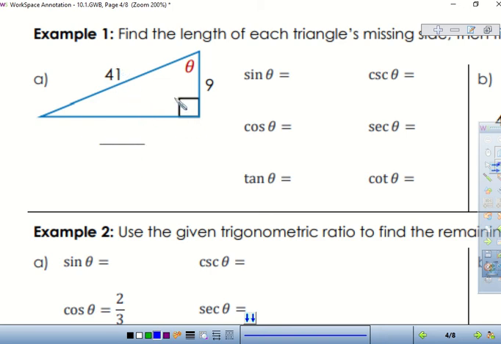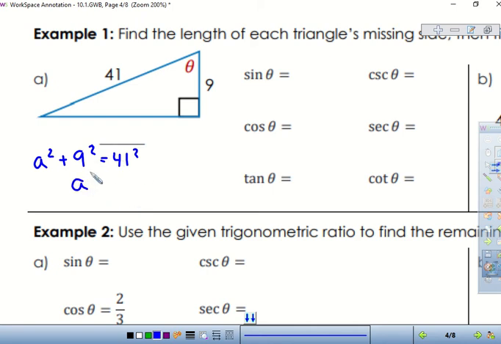41. Good. So if you remember, it's always a squared plus whatever the other leg is, 9 squared, is equal to c squared, which is 41 squared. So the main idea here is that c squared always has to be the hypotenuse. The other two don't matter, but the hypotenuse has to be c squared.